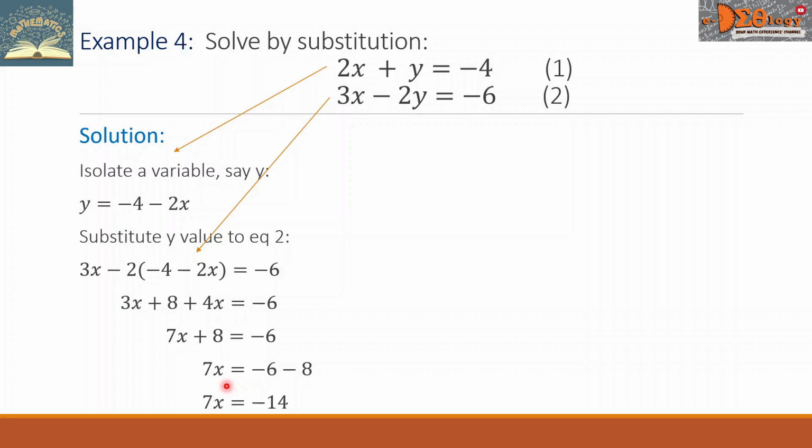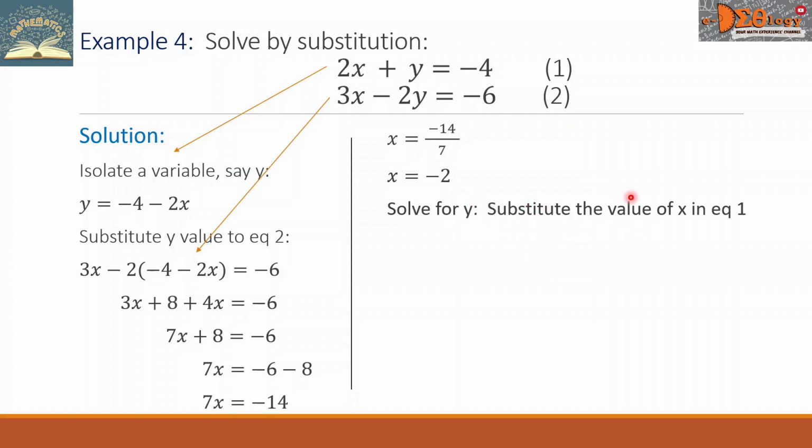We want the value of x. We divide this equation by 7. Or we write x equals negative 14 all over 7. And the quotient is negative 2. So the value of x is negative 2. Let us solve now for y.